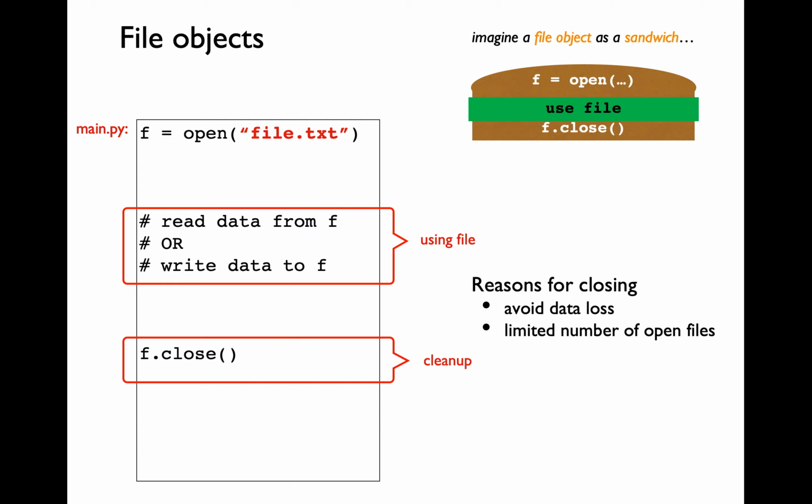You really don't want that, so please avoid missing the close function call. The second reason is that you have a limited number of options to keep open file objects. So you cannot have infinite file objects inside your program. To make sure that you don't run out of the limit, you always need to close your file object.